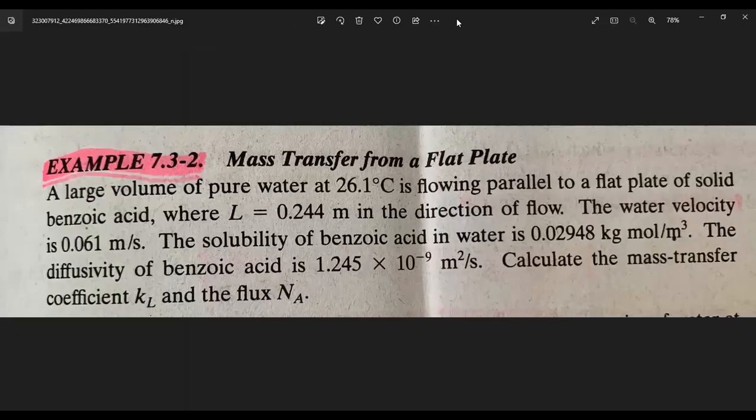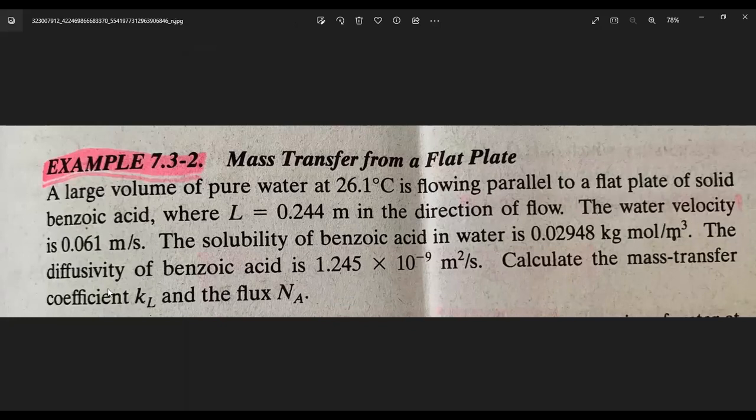So we're now more concerned with mass transfer on solid surfaces or from certain geometries, depending on the geometry specified in the problem. So in this case, we have mass transfer from a flat plate. You're given only two problems in quiz 3.